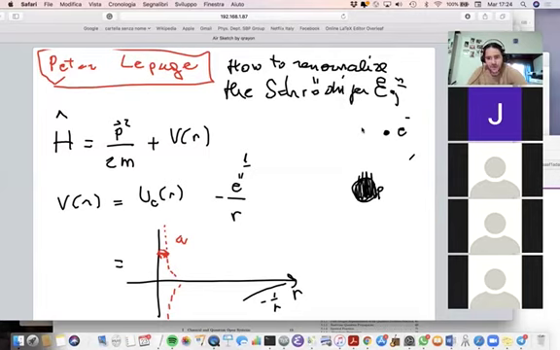So, for instance, if this is really an atom, an electron, so m is the mass of the electron, you know that the typical size of an atom is the angstrom, 10 to the minus 10 meters. So we are assuming that a is much smaller than 10 to the minus 10 meters. Now, when you say much smaller for physics, it's really much smaller in your dream.